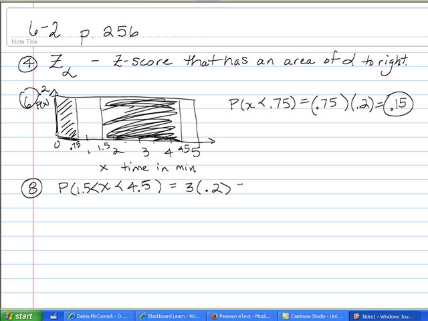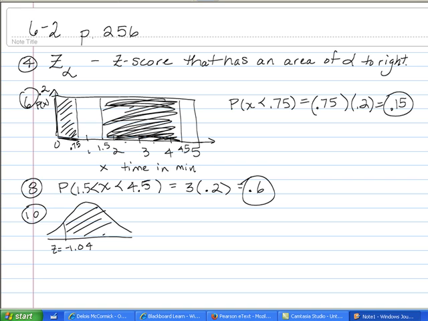Okay, now we're moving on to the standard normal, and we're finding the area of the shaded region. And in number 10, we have z is negative 1.04, and we want to know this region. So I'm going to use my standard normal table. And I want the negative table, negative 1.04.